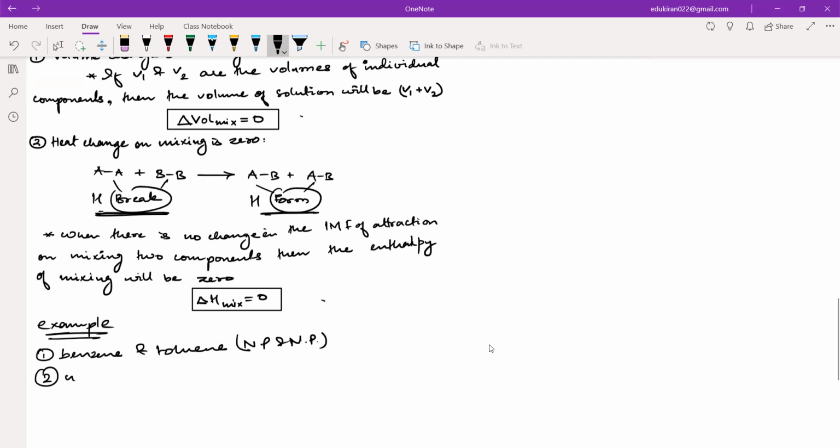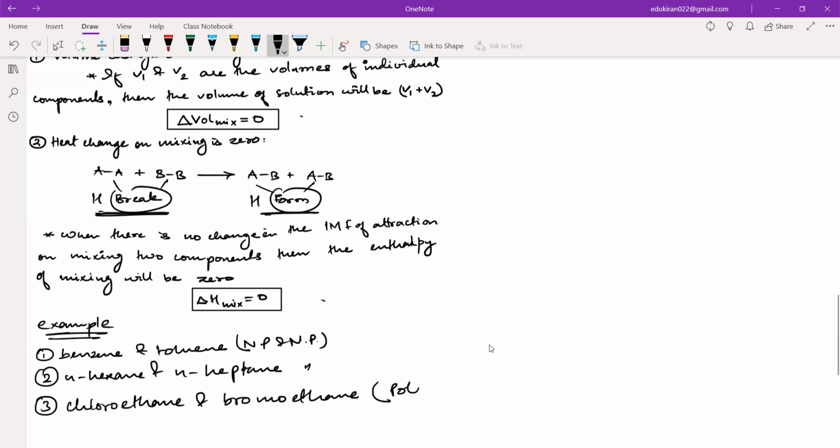Second is n-hexane and n-heptane. Normal hexane and normal heptane, again these are non-polar, right? And third is you have chloroethane and bromoethane.